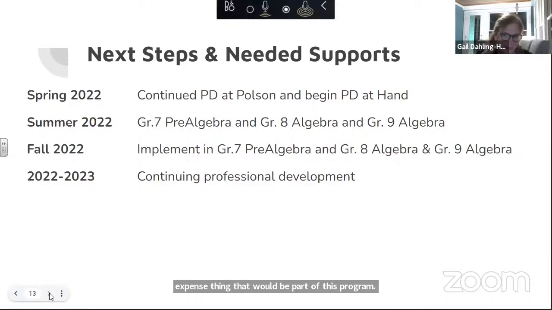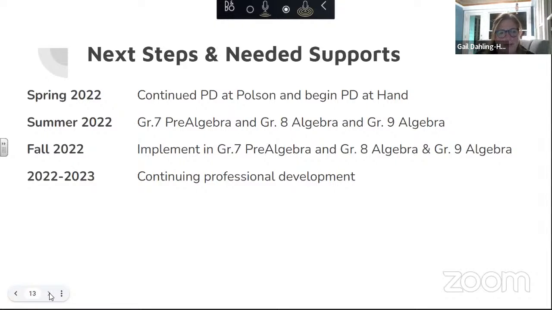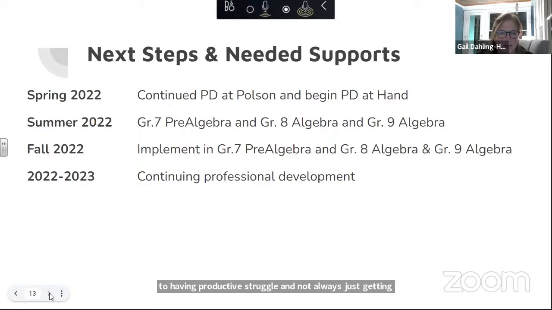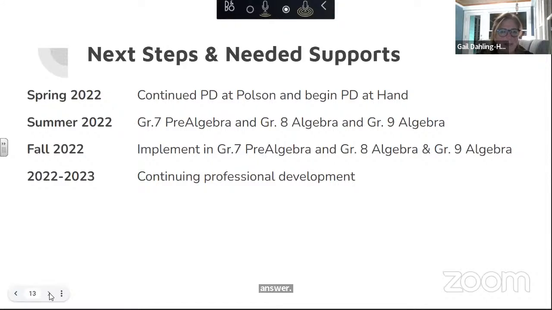Yeah, I think both points are really good ones. Of course, we're really excited to be learning and to be growing our practice, but it takes not only our commitment, but also the commitment that we're going to support our teachers as they're having their own productive struggle, and they're helping students to get used to having productive struggle and not always just getting the scaffolding that they were used to get to the answer. So all of those strategies in the classrooms, that's what coaches do.